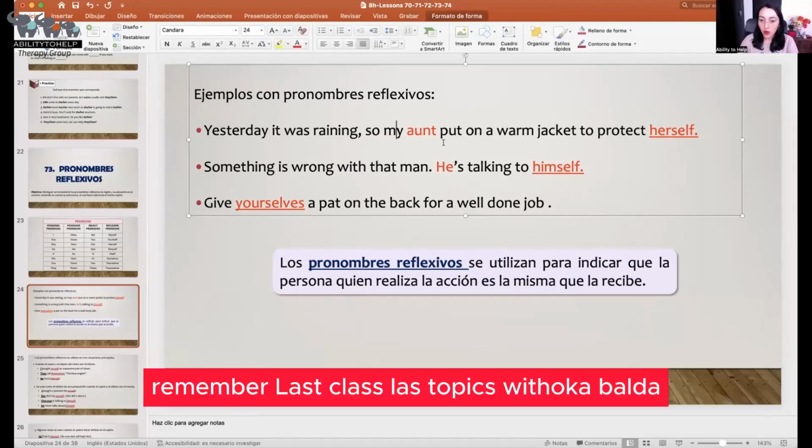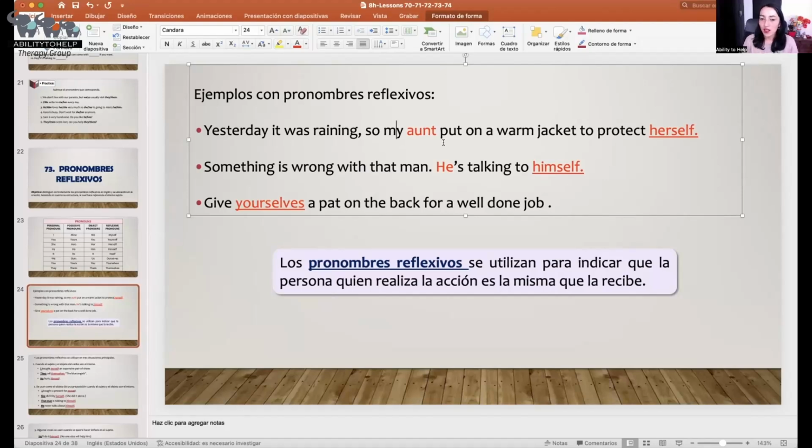Remember, last class, last topics, we talked about the subject in the sentence and the object in the sentence. So you have to add the reflexive pronoun when the subject and the object are the same person.